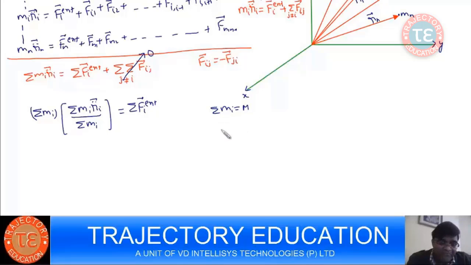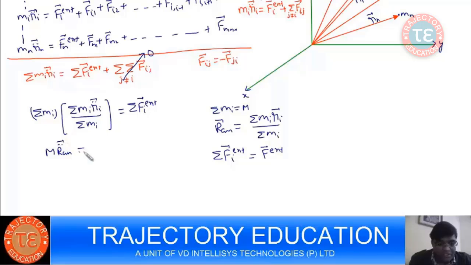I can call it M. Now I define RCM equals to sigma ri mi upon sigma mi, and let me write F ext. This is the net external force acting on the system. So this becomes how much? M RCM double dot is equal to F external.